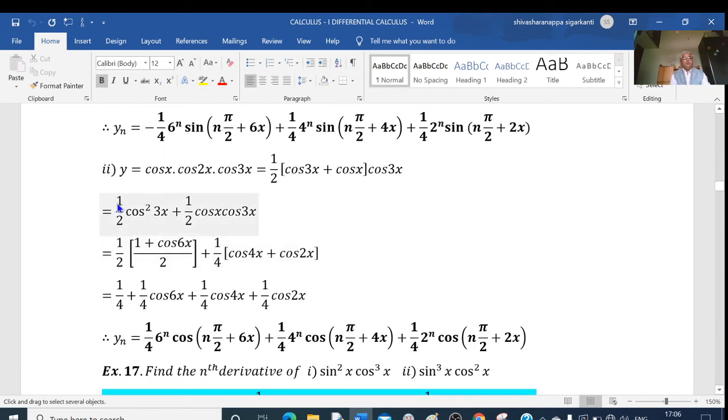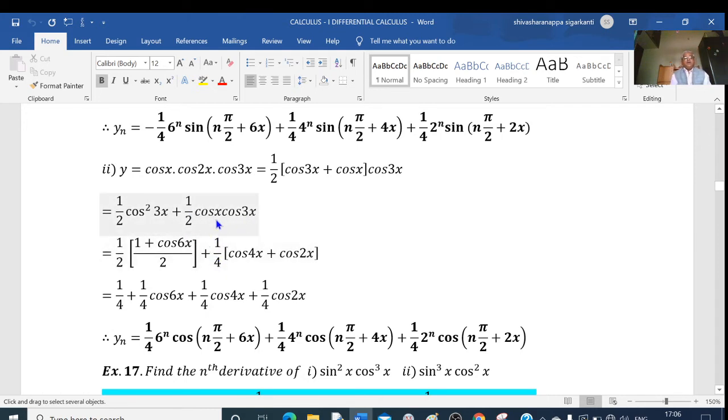Now again this is equal to 1 by 2 into cos square 3x plus 1 by 2 into cos x cos 3x. Now cos square can be written as 1 plus cos of double the angle. We have cos square x equal to 1 plus cos 2x by 2. Here x is equal to 3x, 2x is nothing but 6x. So 1 by 2 into cos square 3x can be written as 1 plus cos 6x by 2, plus 1 by 2 as it is.